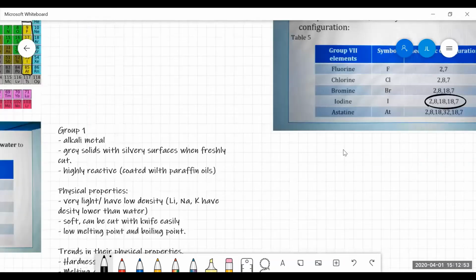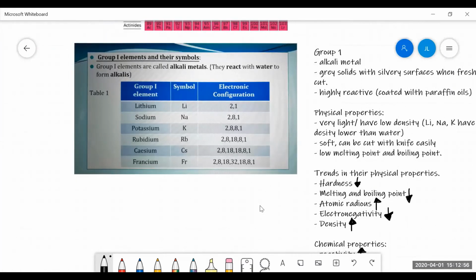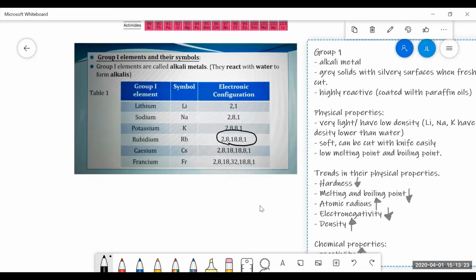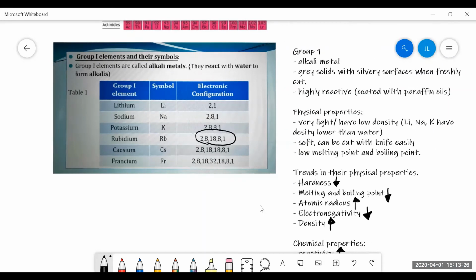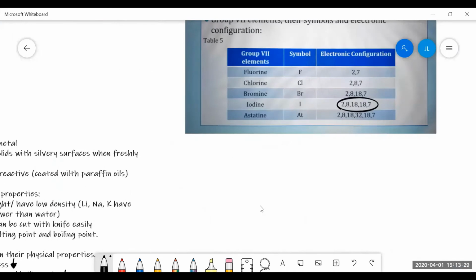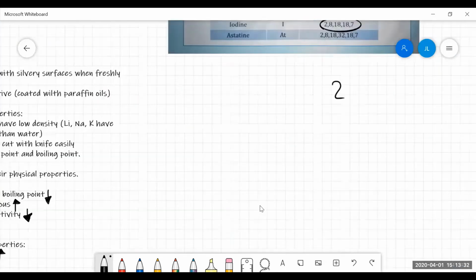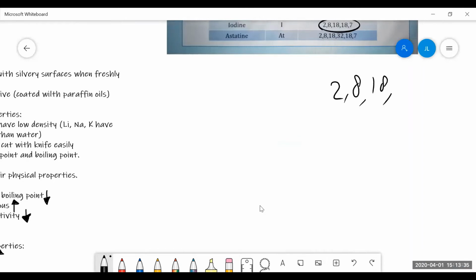Actually, this is period 5, this one. For rubidium it is 2, 8, 18, 8, 1.